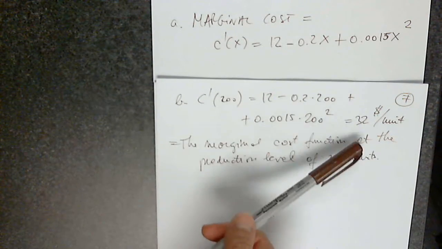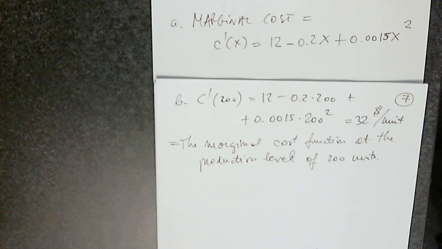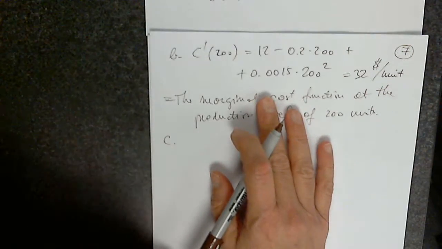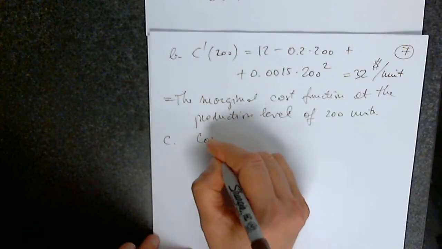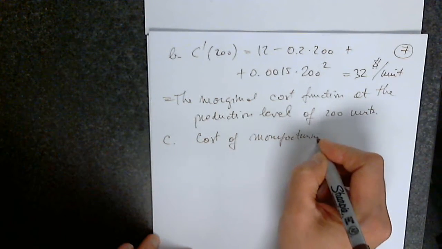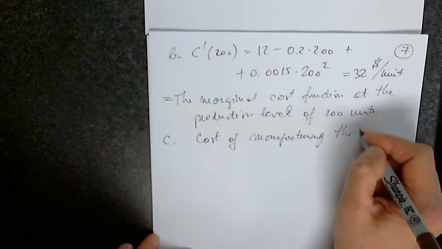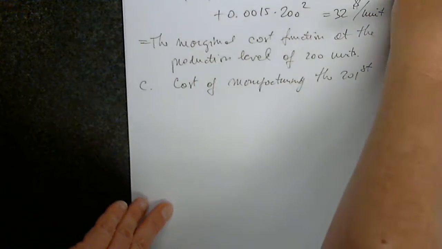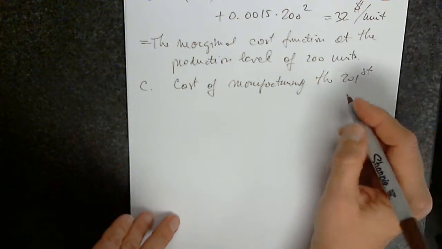So we are asked to compare this with the cost of manufacturing the 201st yard of fabric. How do I determine the cost of manufacturing? That's part C. I have to find the cost of manufacturing the 201st item or unit.